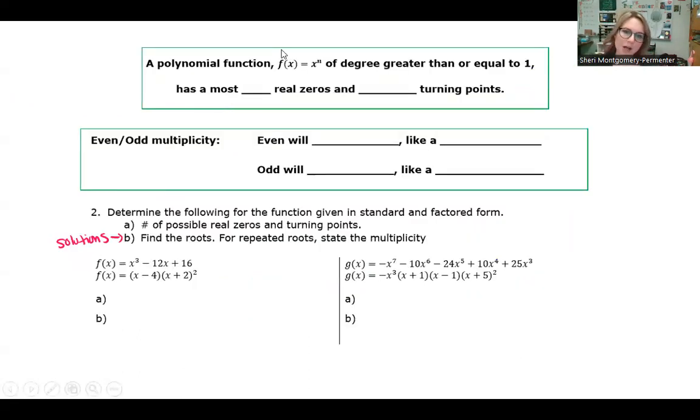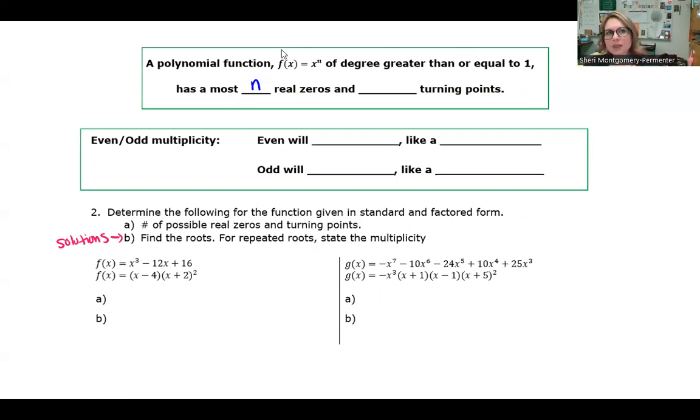Moving on, a polynomial function f of x equal to x to the n, with degree n greater than or equal to 1, has at most n real zeros. We talked about this last time, that the degree determines the possible real zeros, so it's equal to whatever that exponent is.